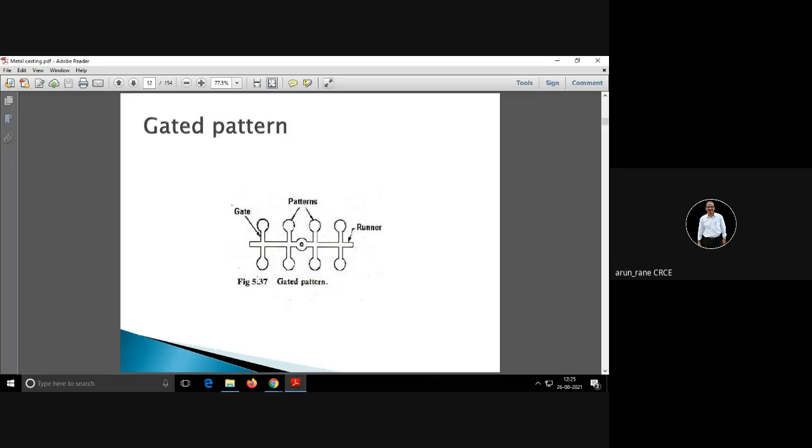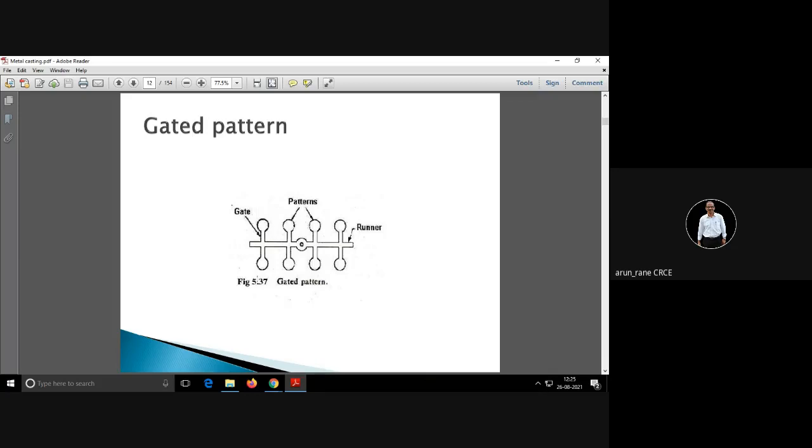What is the use of multiple cavities as against a single cavity? In a single cavity you will make only one piece, and if it is a multiple cavity, like in this example with eight cavities, then you will get 8 times the production. Suppose you are making 300 pieces in 8 hours, you can make 300 into 8, that is 2400.